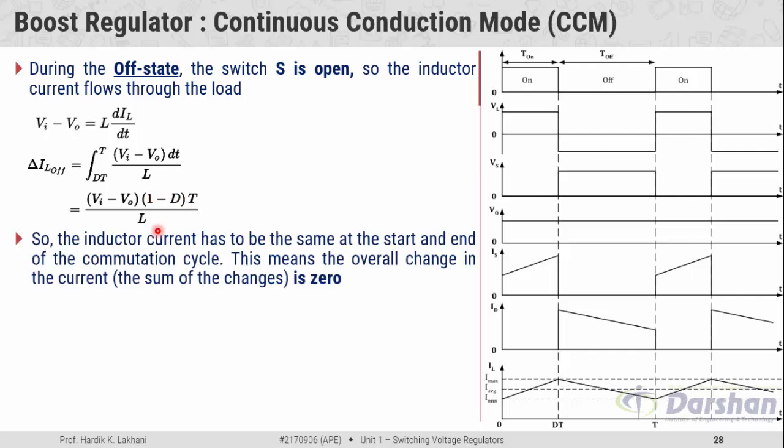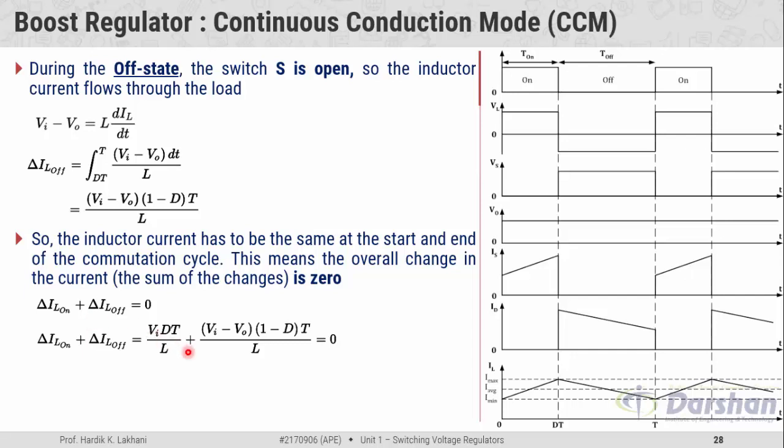Under the steady state condition, we know that delta IL on plus delta IL off is equal to 0. That is, the net change of current flowing through the inductor over one cycle is equal to 0. So by substituting delta IL on and delta IL off into this equation, we get this step.